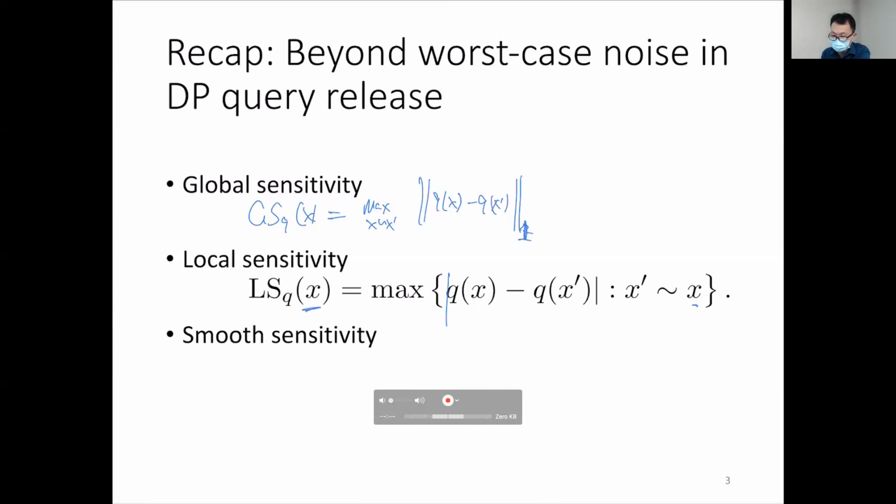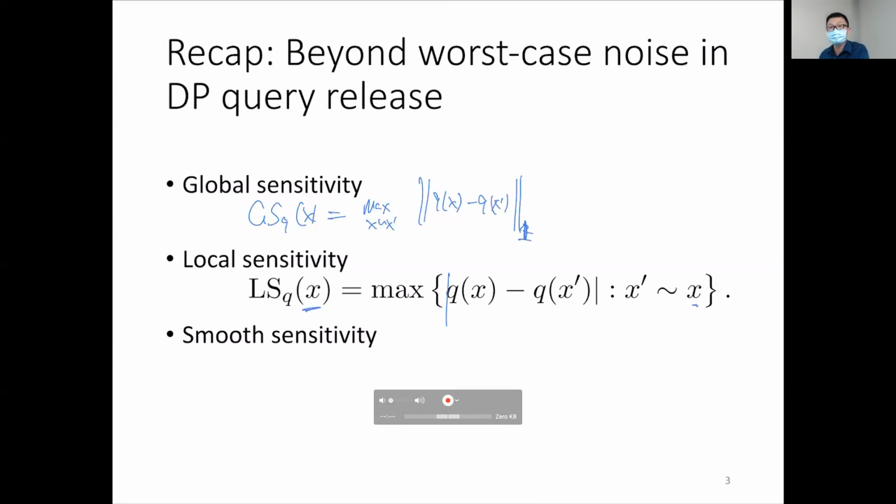This allows us to consider only the local neighborhood of X, but what we've seen is that adding noise with magnitude proportional to the local sensitivity doesn't give us differential privacy. The issue is that the local sensitivity itself might be unstable. As we change from X to X prime, the local sensitivity also changes accordingly, and then we might be adding substantially larger noise than what we're adding at the current location.